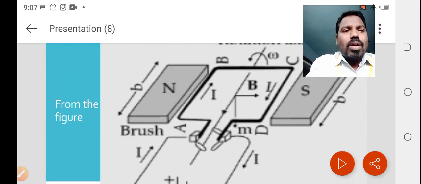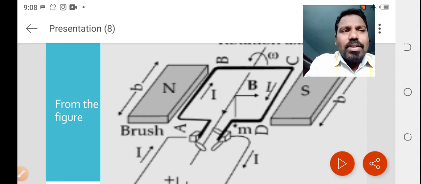So here you have the faces AD, AB, BC, CD. This rectangular ABCD loop has four faces. Two faces are along the applied magnetic field and two faces are perpendicular to the applied field.